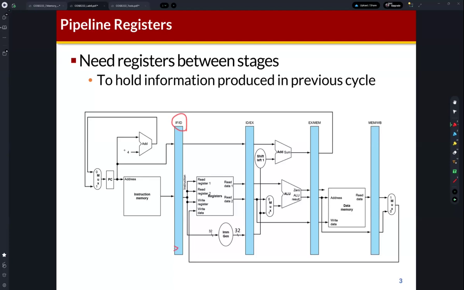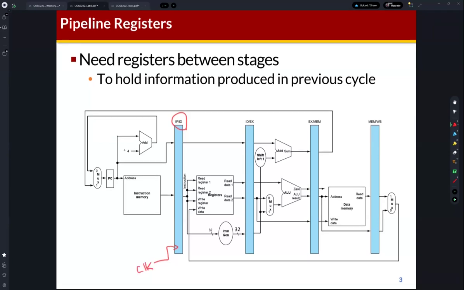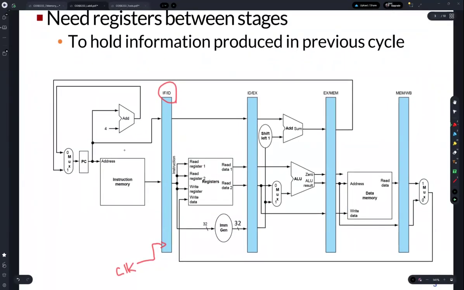As I said, pipeline registers are D flip-flops, because a register is a group of D flip-flops. We just insert pipeline registers in the single cycle processor design, and the signals are sampled by these pipeline registers.